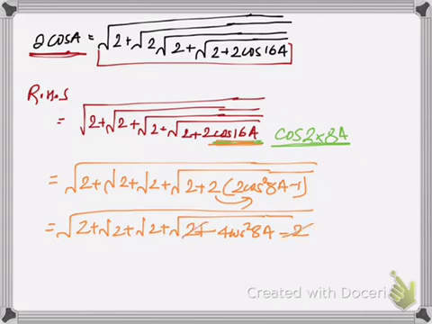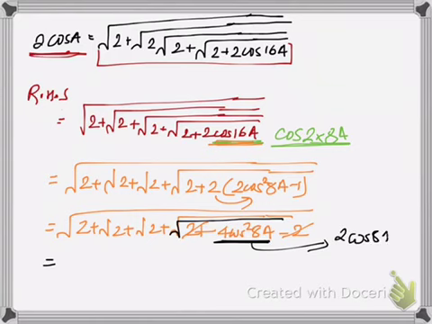I can cancel the positive and negative 2. So what I have is 4 cos squared 8A inside the root. So 4 cos squared 8A can be written as 2 cos 8A, whole squared under the root. So these two terms get cancelled and we have 2 cos 8A simply.